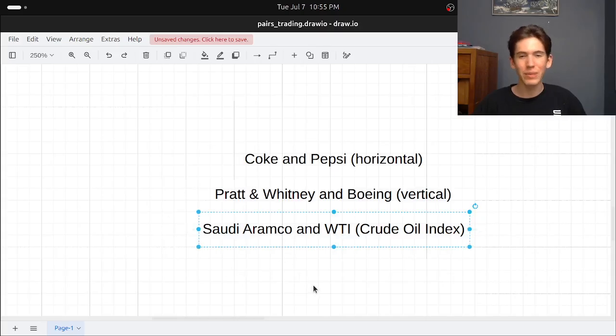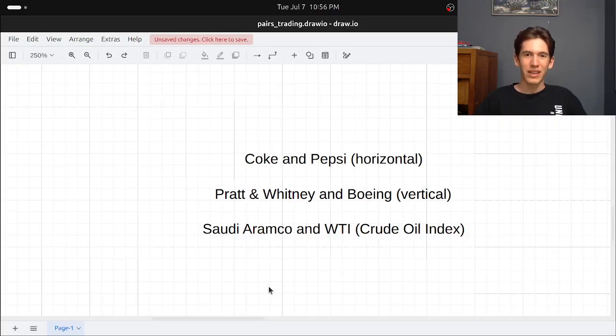And the final example is sort of a gimme, which is Saudi Aramco and WTI, or the crude oil index. This is not a classic example, but you can get a company and the index that it is a part of, as long as it is a sector index or commodity index. And the company inside of it will trade roughly correlated with the index as a whole.